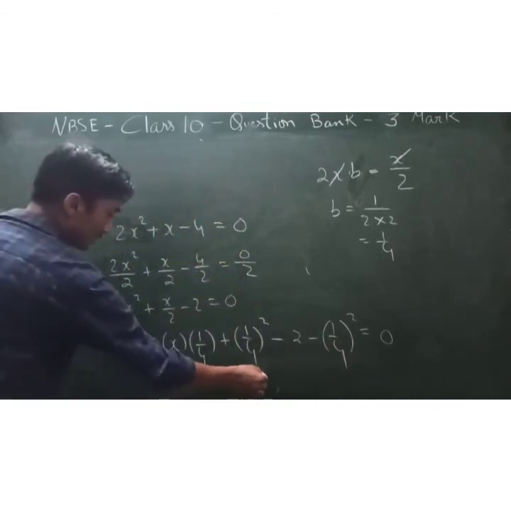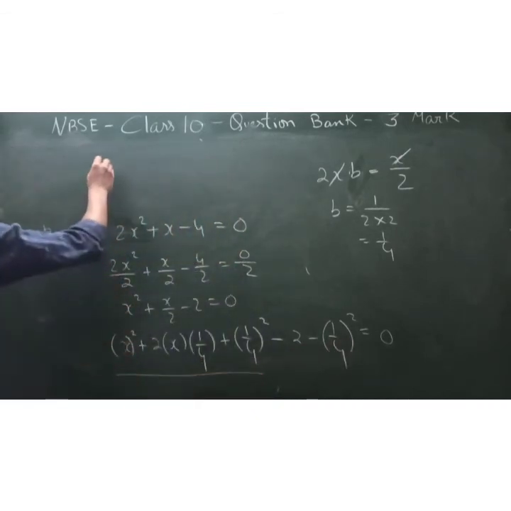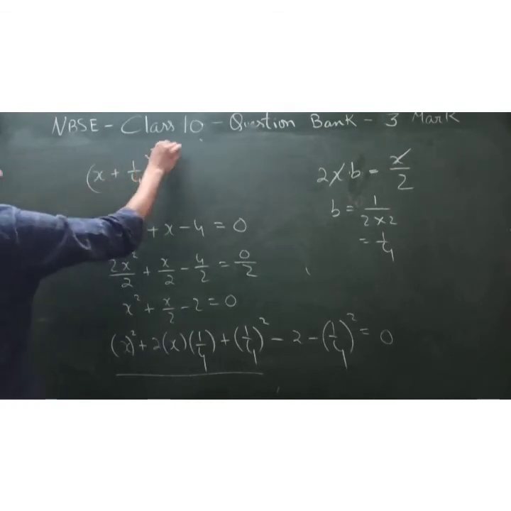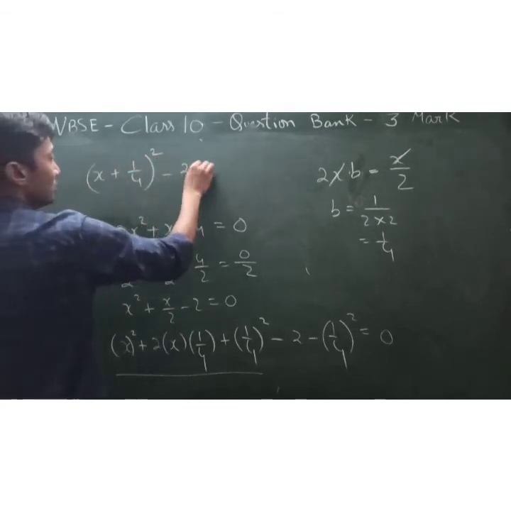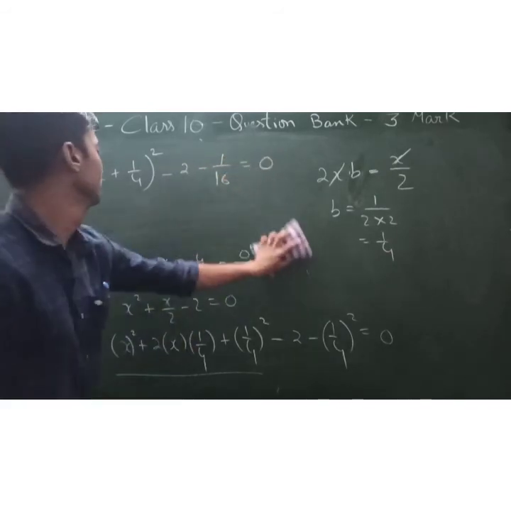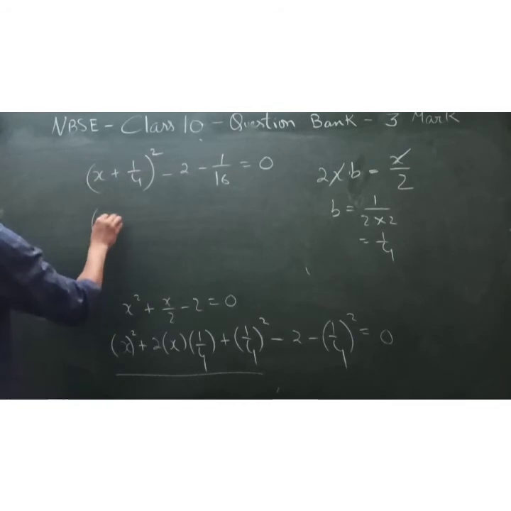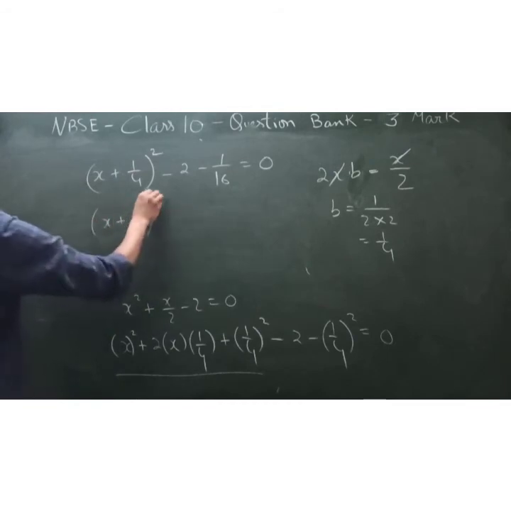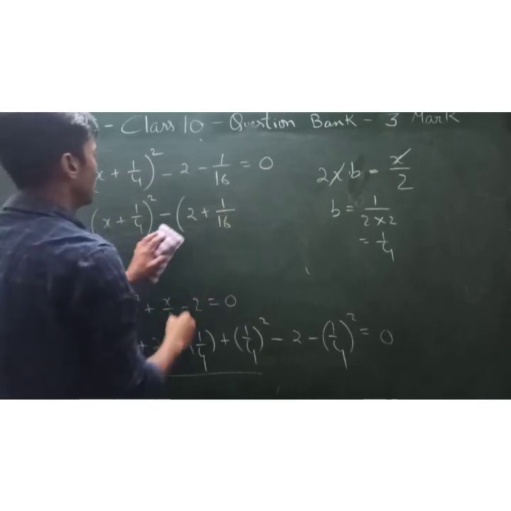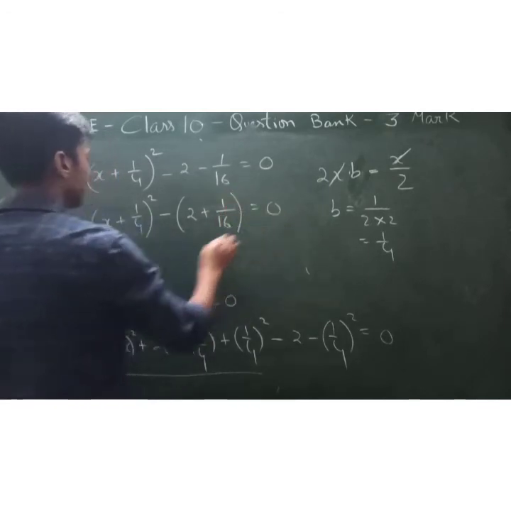So that means this term is nothing but a plus b, the whole square, minus 2 minus 1 by 16 is equal to 0. So that's x plus 1 by 4 whole square minus common, 2 plus 1 by 16, is equal to 0.